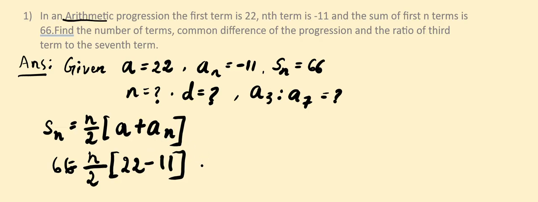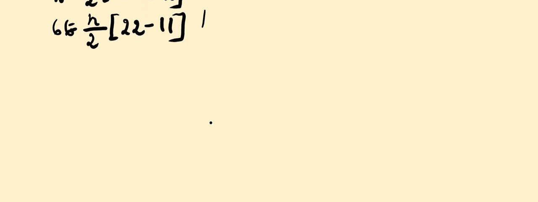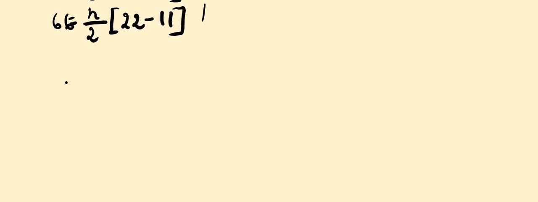Now simplify this. 66 is equal to n by 2 into 22 minus 11, that means 22 minus 11, that is 11.